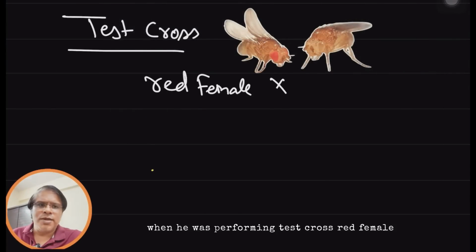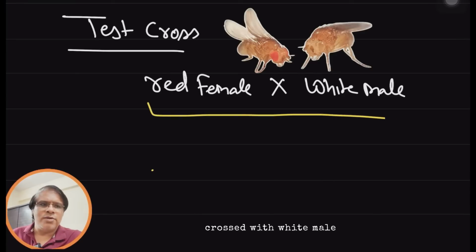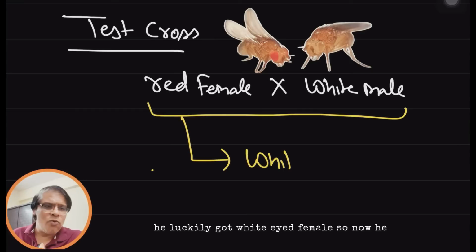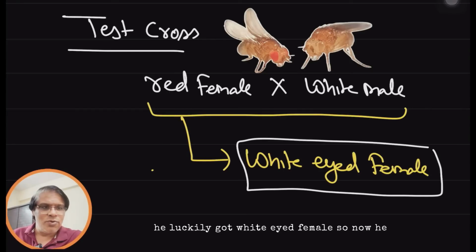When he crossed a red female with a white male, he luckily got a white eyed female. So now he had a white eyed female and a white eyed male.